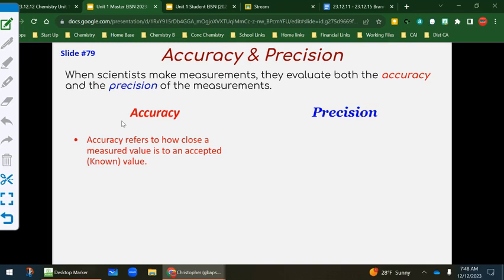What temperature is water supposed to boil at? What temperature does water boil at, ladies and gentlemen? In Celsius, please.